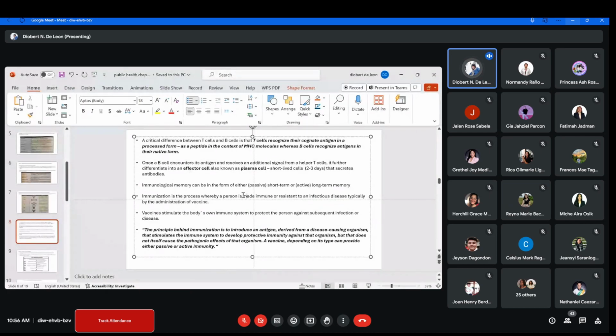A vaccine, depending on its type, can provide either passive or active immunity. Later on, I'm gonna show to you the different types of vaccine. They are actually categorized into two. No, we will find out which one long lasts or which one has short duration. No, madali siya mawala.